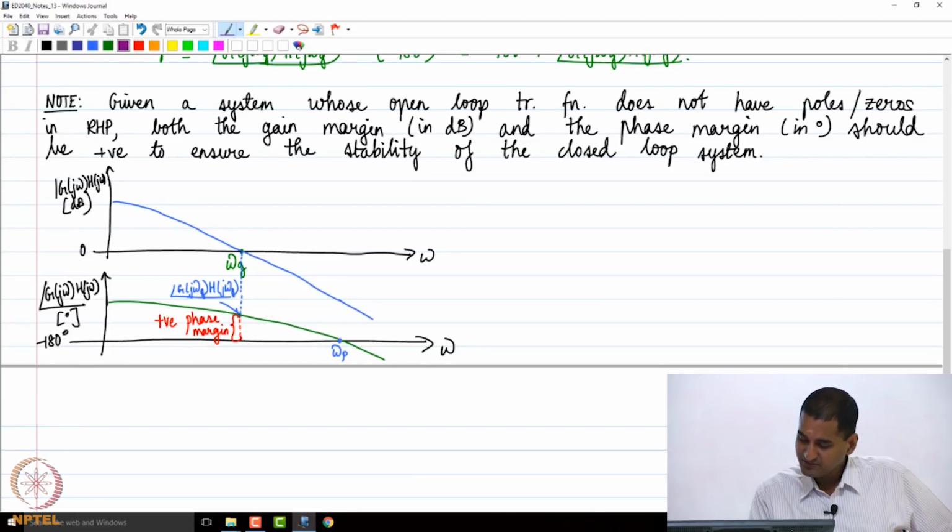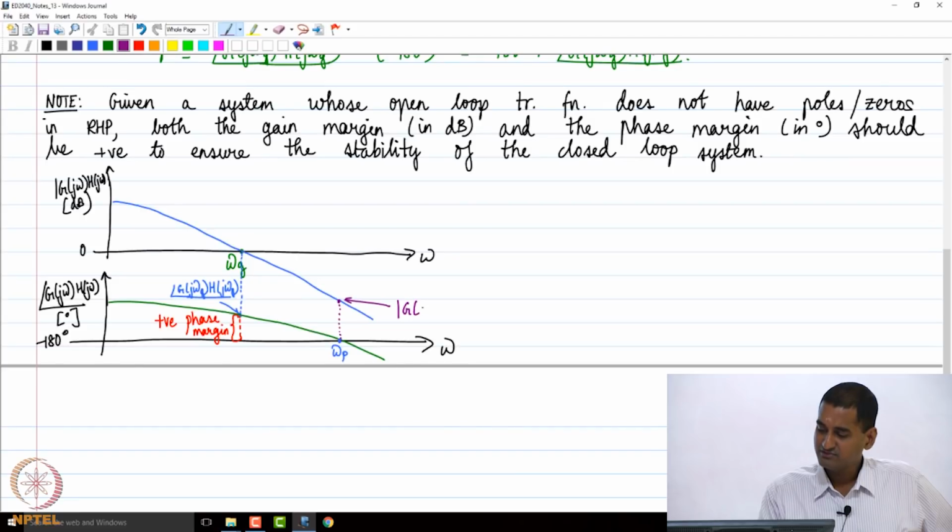At the phase crossover frequency, I go to the magnitude plot. This is the magnitude of the open loop transfer function at the phase crossover frequency.